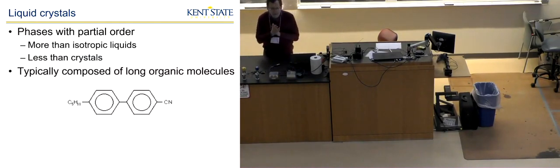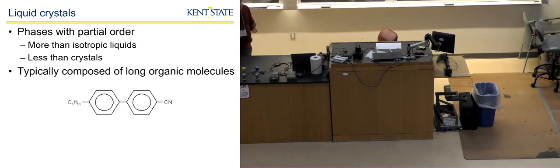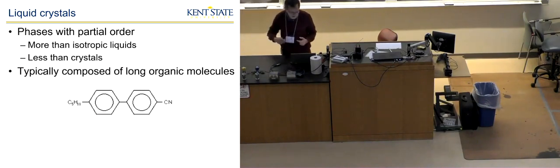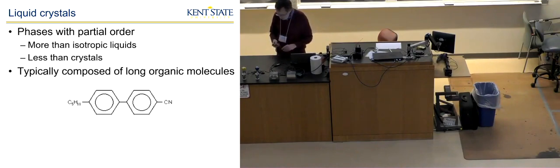Okay. Moving on to the general subject. Liquid crystals are phases of matter with some partial order: more order than isotropic liquids, less than conventional crystals. These are typically composed of long organic molecules with the structure that's shown here.